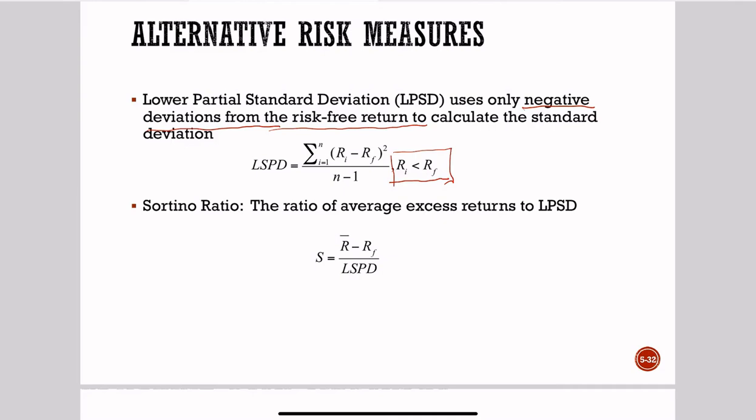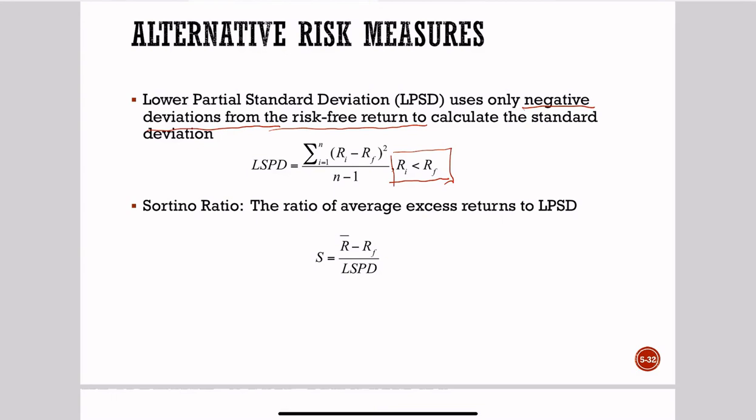Essentially, you can think that you can separate returns into two categories. The first category contains returns which are larger than the risk-free rate, and you will ignore these returns to calculate your standard deviation, because if a return is larger than the risk-free rate, you're earning a positive excess return, so you don't care about these positive deviations.